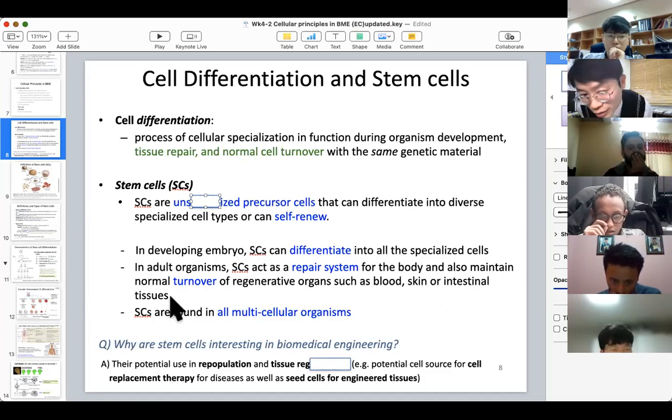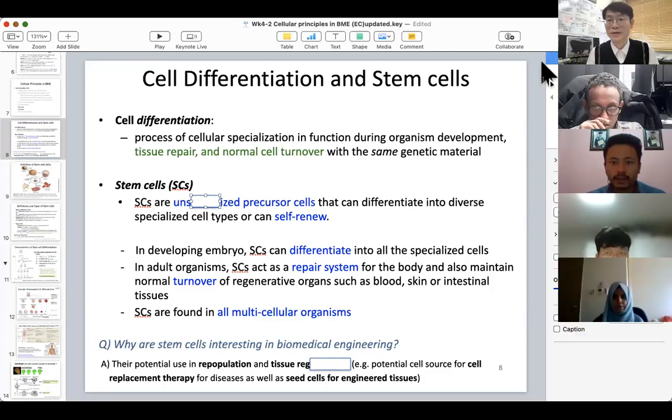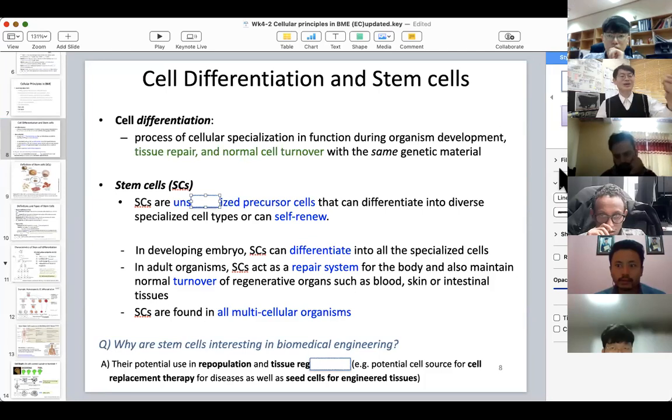So for example, our red blood cells, can you guess how long a red blood cell can survive in our body? 3 to 4 days. Oh, good guess.